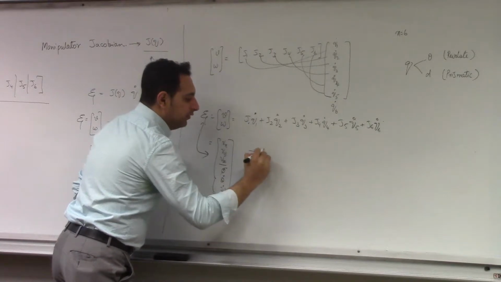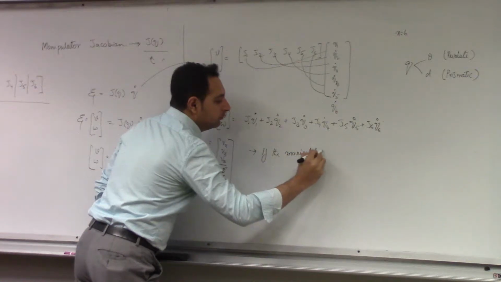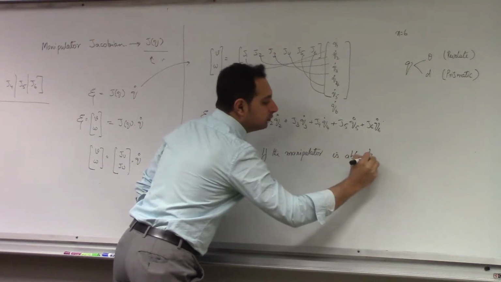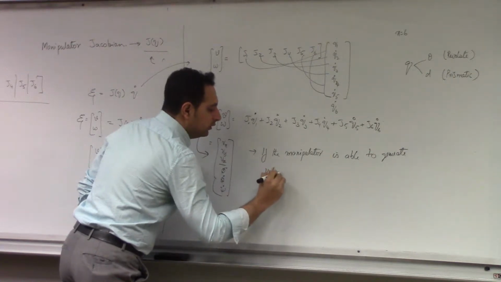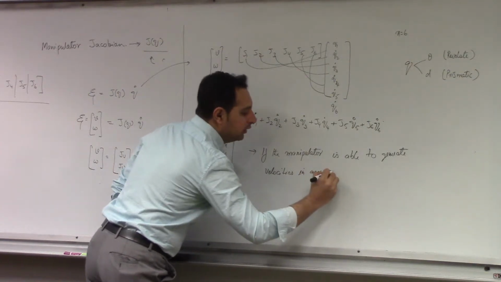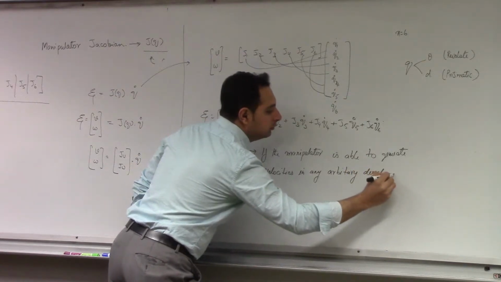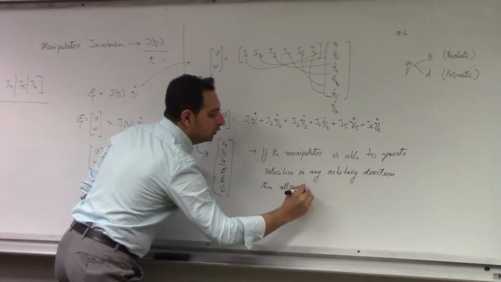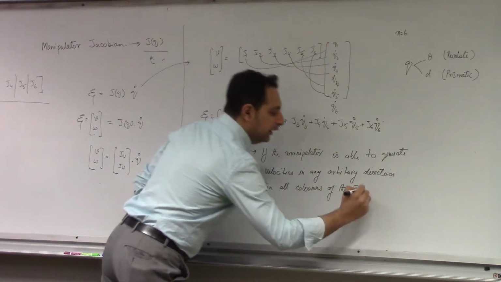That means if the manipulator is able to generate velocities in any given direction, in any arbitrary direction, then all the columns of the Jacobian should be linearly independent.